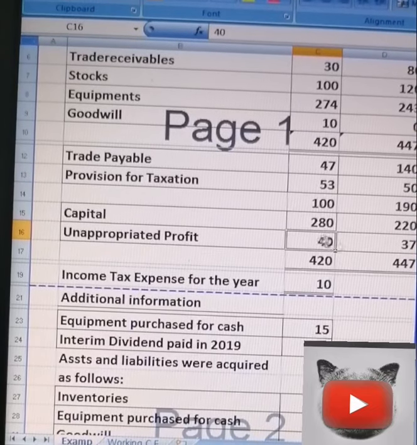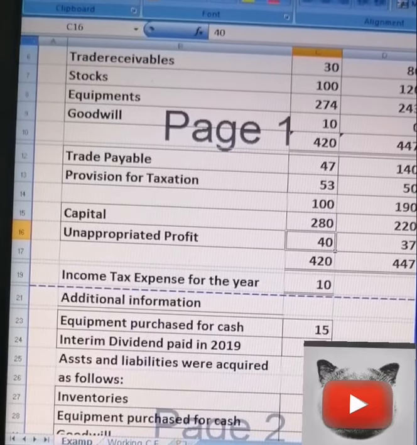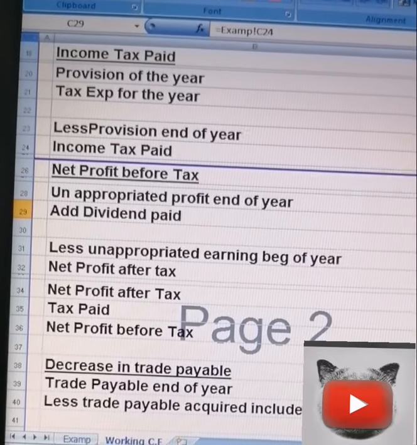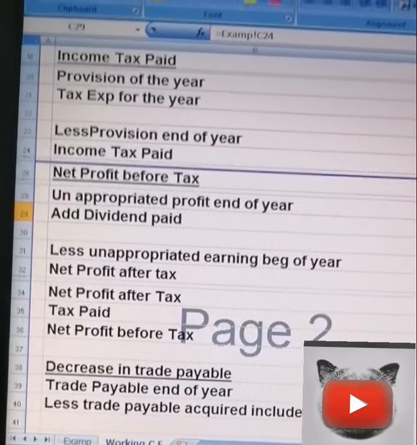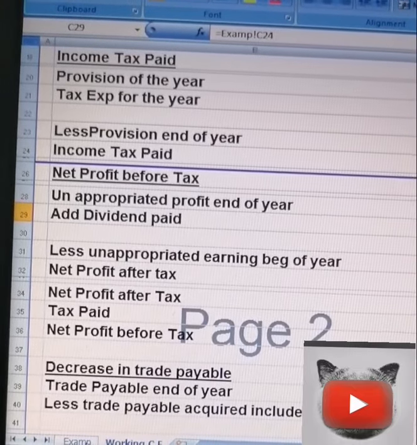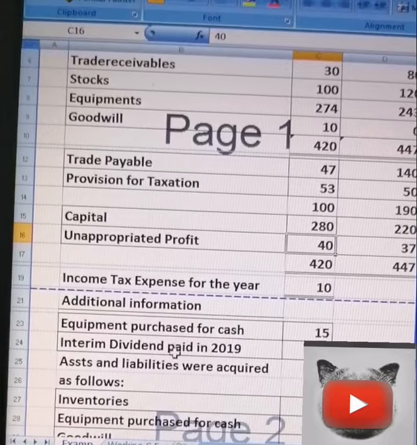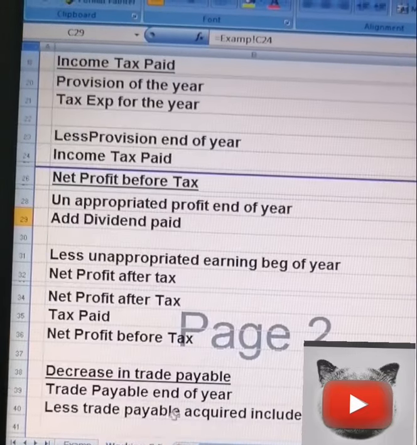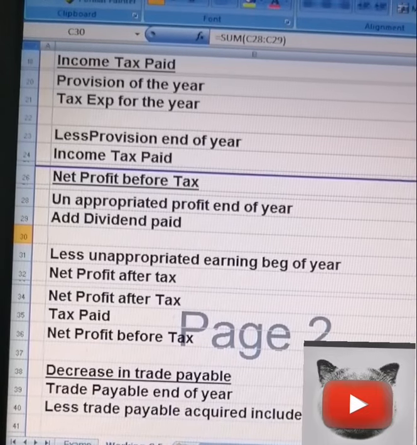This was the figure. Now add dividend paid. Dividend is always paid out of profit, so it is a part of profit. This was the figure provided in the example. Total comes to 60 million.